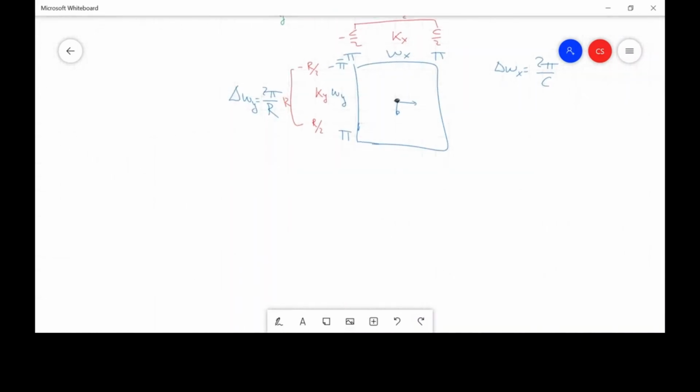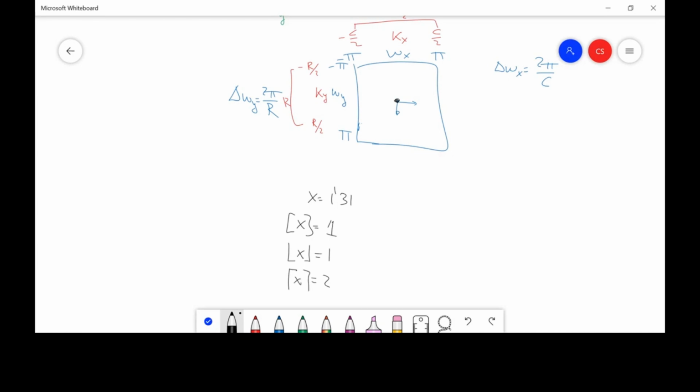When you have a number, let's say x equals 1.31, and you want to round it, round is rounding to the closest integer. So the closest integer is 1. But you can always round down, and then it will be 1. But you can round up, and then it will be 2. Round is to the closest.